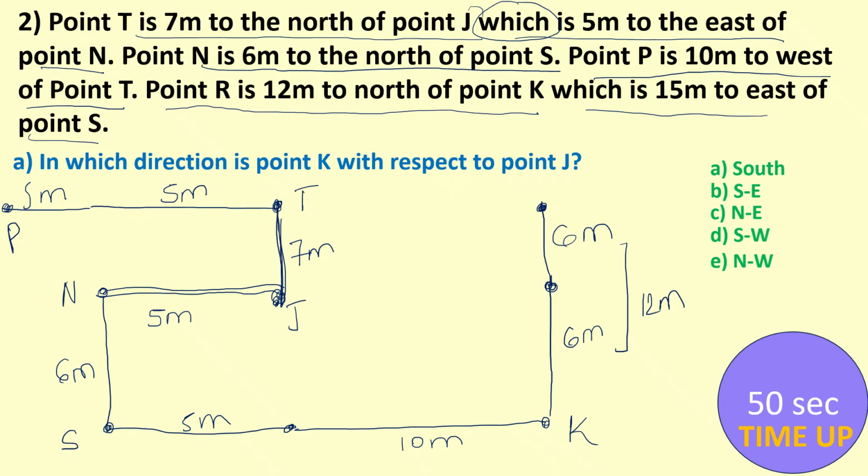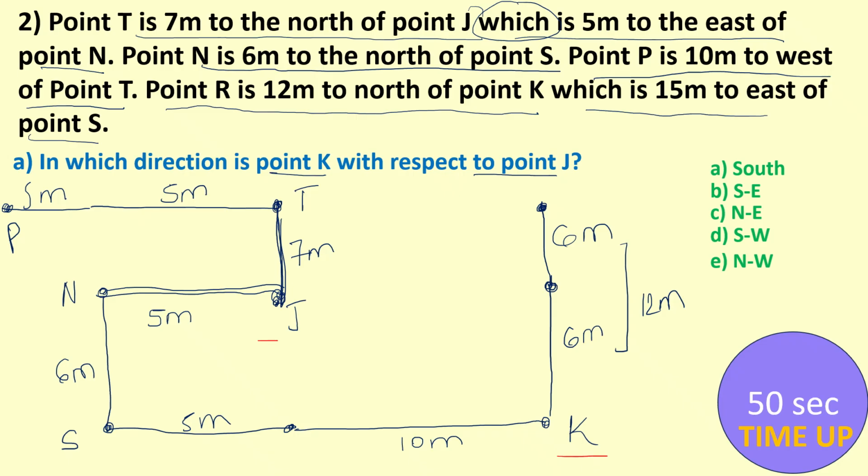The first sub question they have asked is in which direction is point K with respect to point J. Point K is here and point J is here.